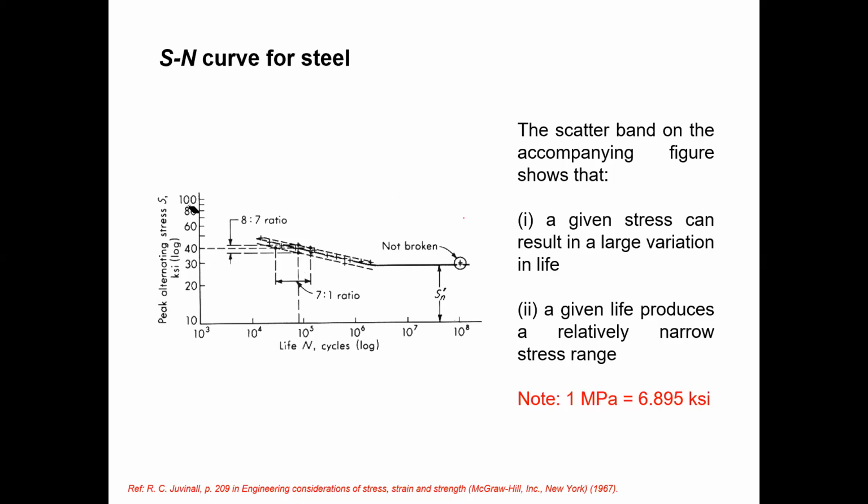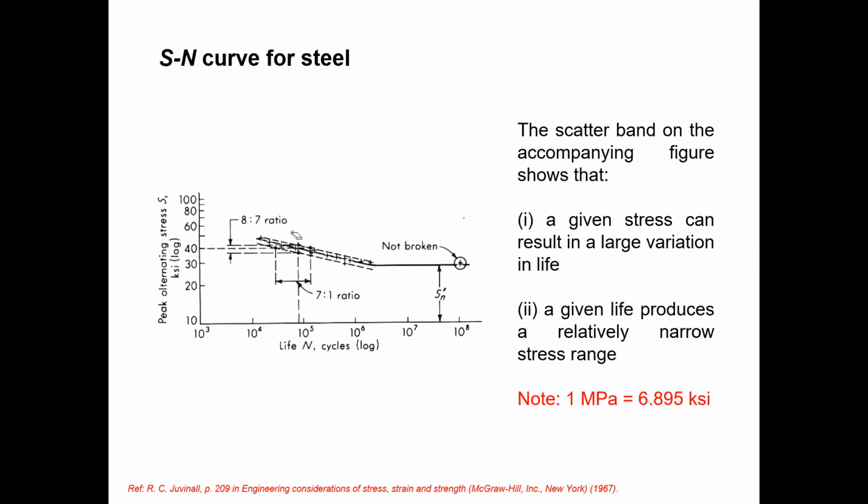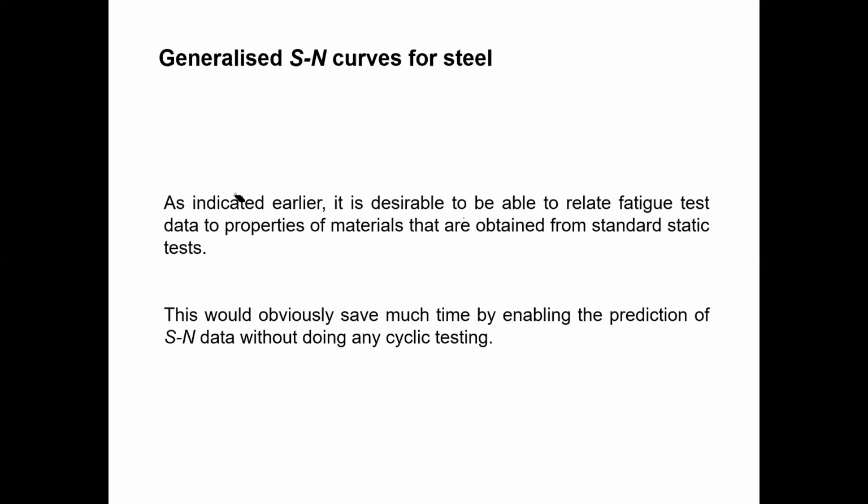But when you generalize, what they did is divide all the values by a constant value. That constant value will be the ultimate tensile strength normally. So a generalized ascent curve means that. Then the y-axis will also be within some 0 to 1 value, not such large values.